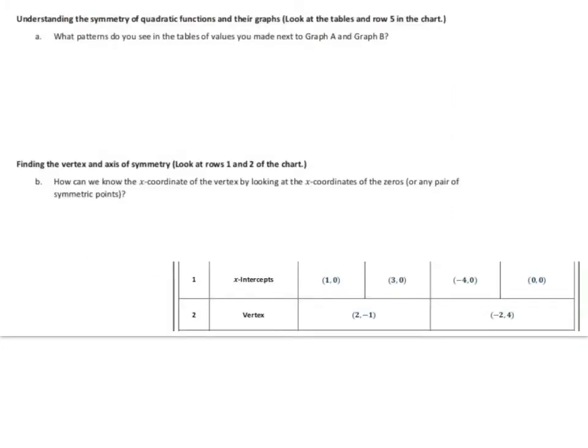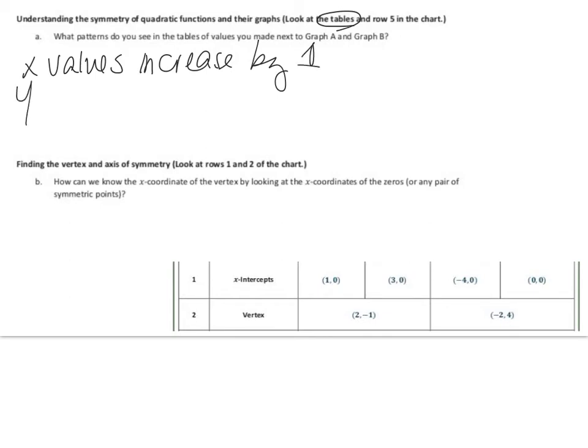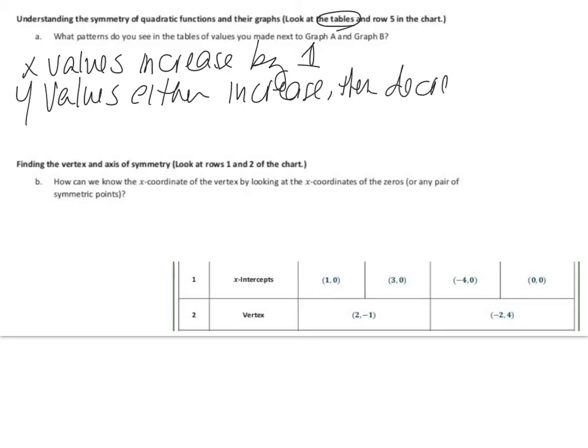So understanding the symmetry of a quadratic function and their graphs, look at the tables and row 5 in the chart. We're going to look at the tables here. If you look at the tables which are next to the graph, in both tables, the x values increase by 1. And then the y values either increase, then decrease, or vice versa.